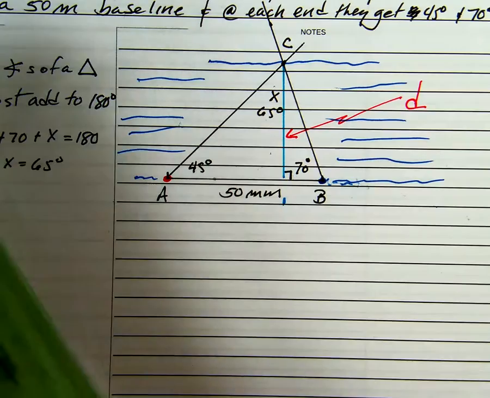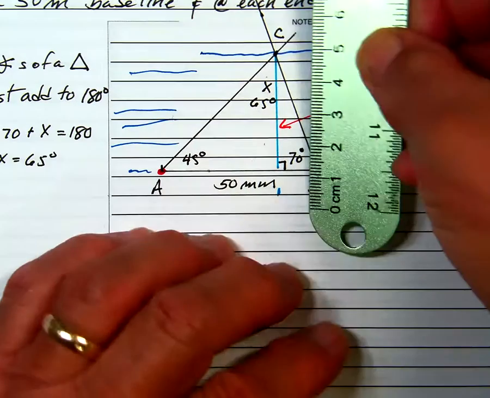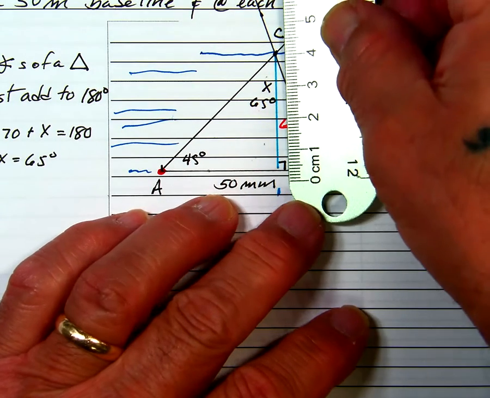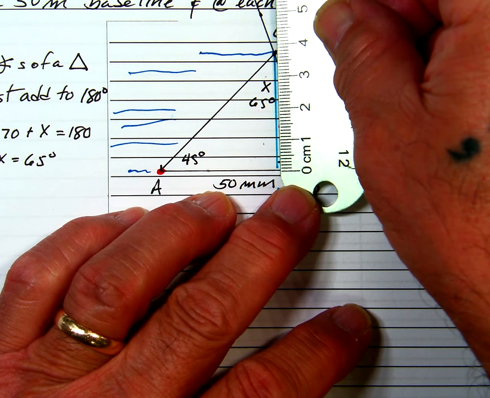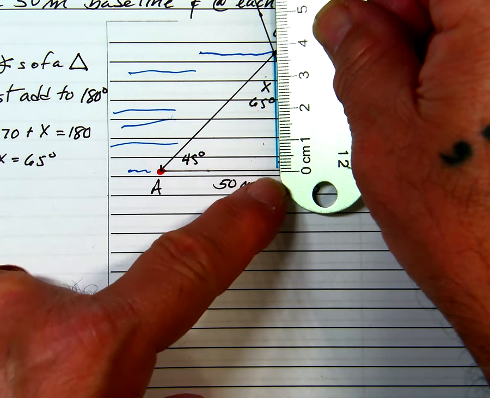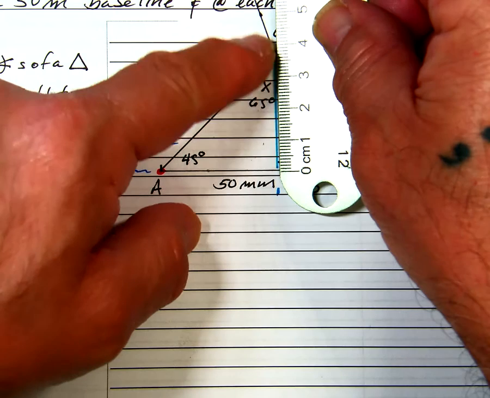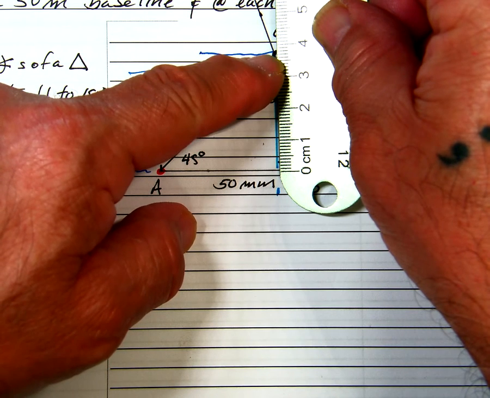So we just simply measure the distance from the bottom, the base itself, to point C along that blue line that we've drawn, and we get about 36, 37 millimeters or so, excuse me, from right there to about 3 centimeters is 30 millimeters, so about 36 or so.